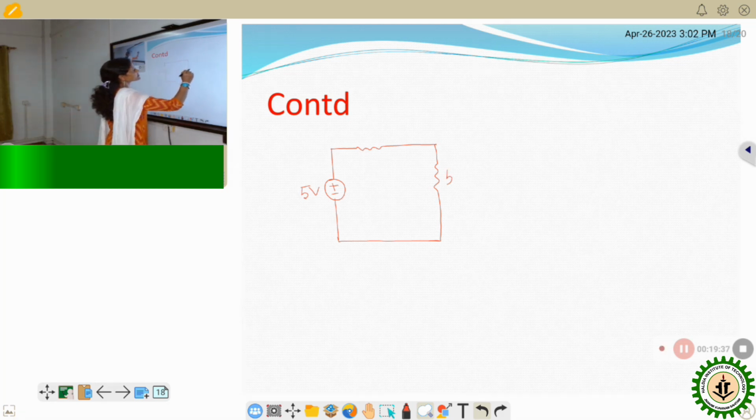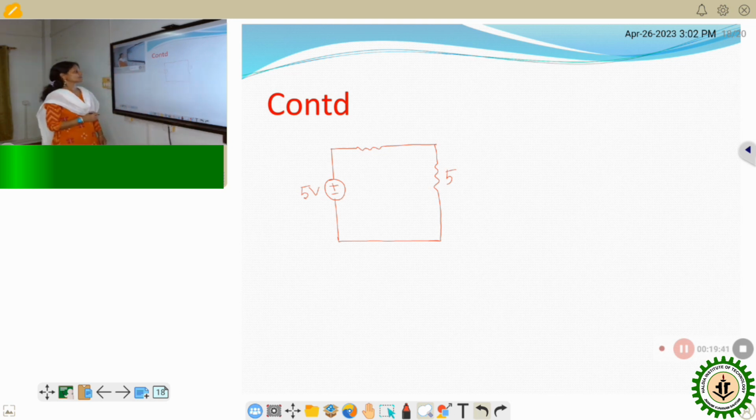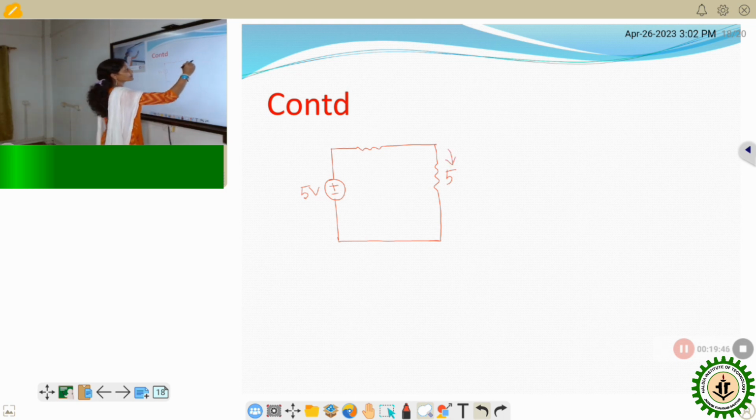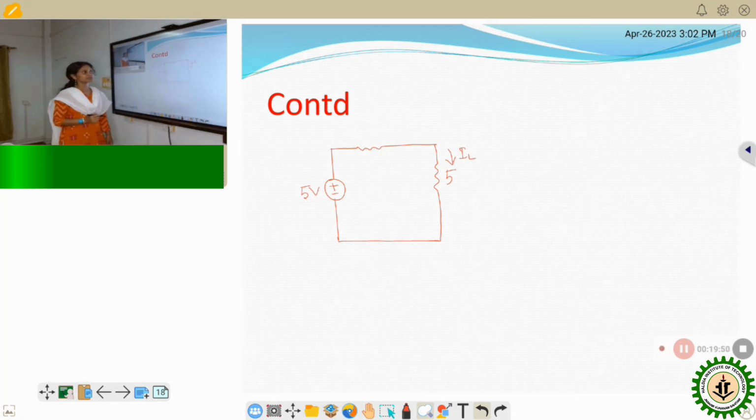This RL is 5 ohm. So what will be IL or I5, that means the current through the 5 ohm resistor?